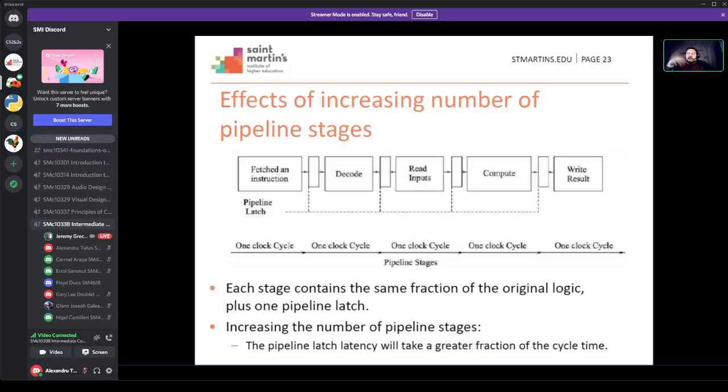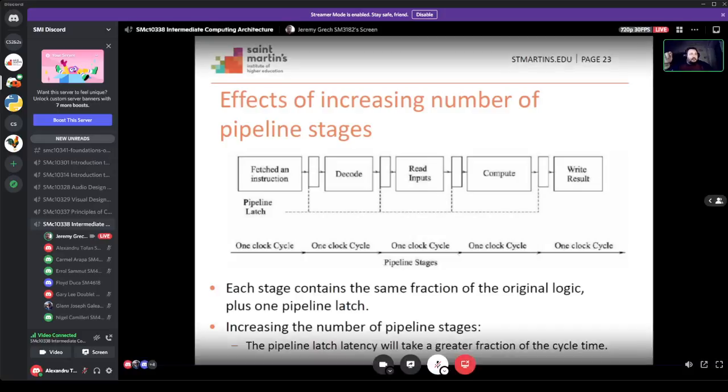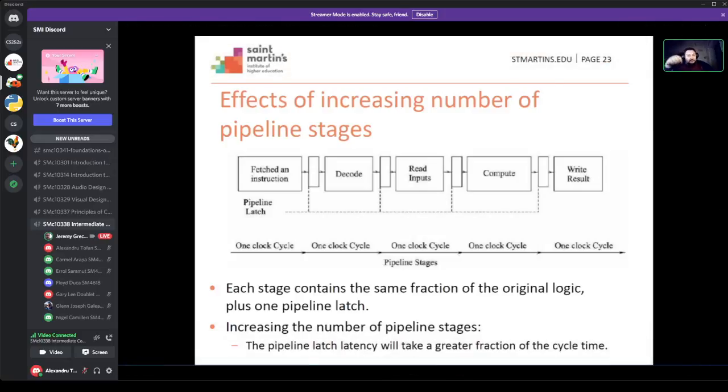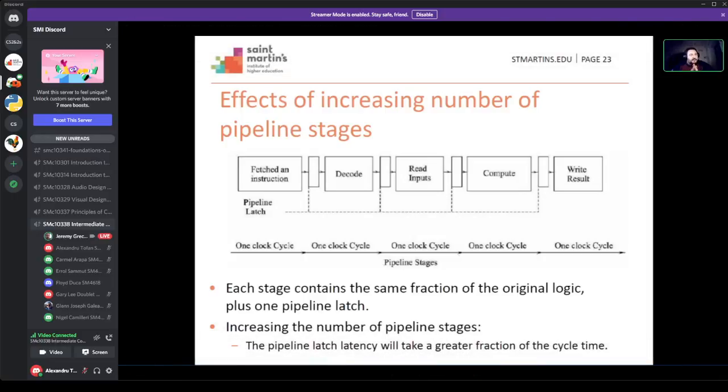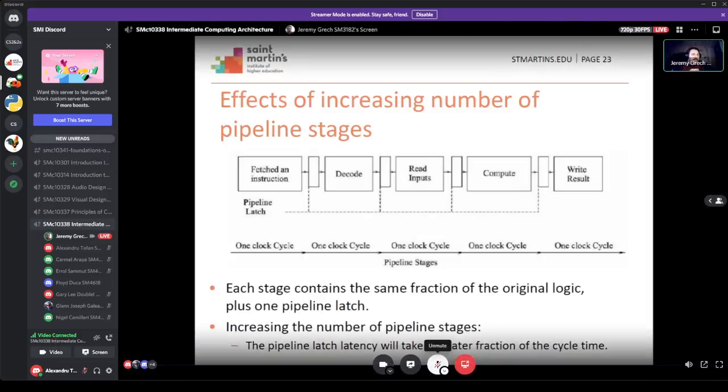Now, different CPUs have different clock speeds, as in they can turn these switches on and off faster. Therefore, if you have a higher clock speed, then your clock cycle, turning on and turning off a particular circuit within your CPU, will take less time. Does that answer your question?